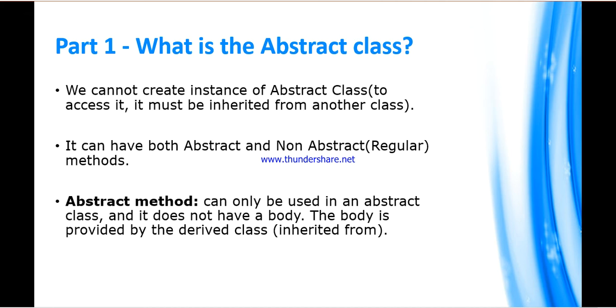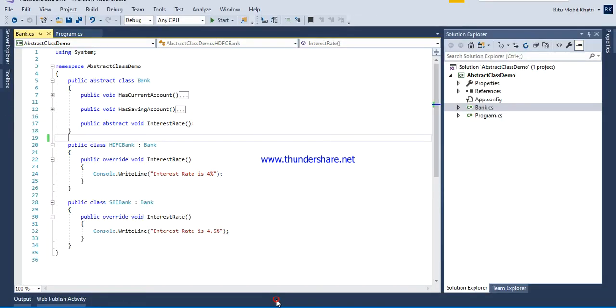Now we will see this with a real-time example so that you can learn it better. Here you can see we have already created one class library project, named abstract class demo. In this project we have added one class, the bank class.